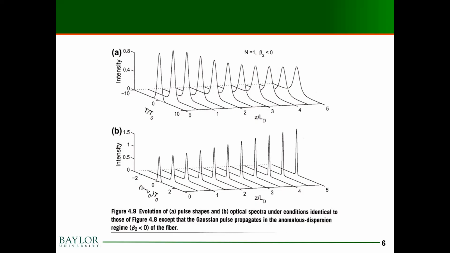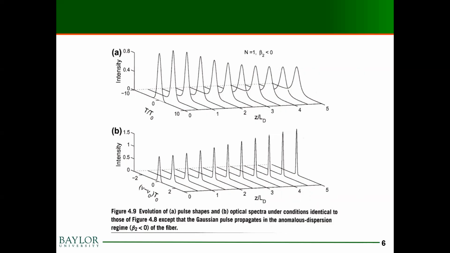The reason is that the dispersion and the nonlinearity can play a role constructively together or destructively together. So in the case beta 2 less than 0, or k naught double prime less than 0, they kind of cancel each other, right?